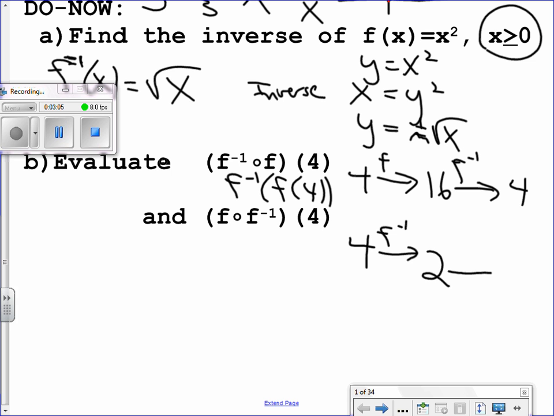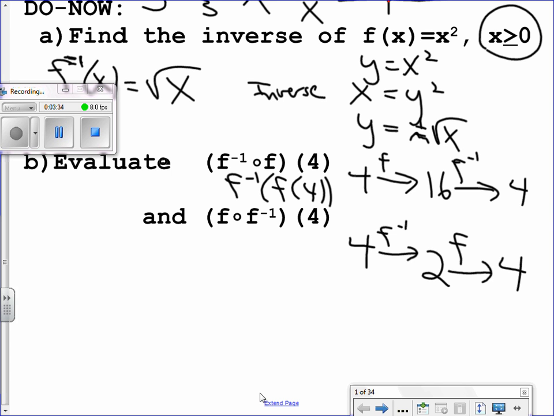Now we're going to plug that answer into the function. 4. See what happened both times? Whatever a function does, the inverse undoes. Whenever you take the composition of a function and its inverse, it doesn't even matter the order. You're going to get out whatever you put in.